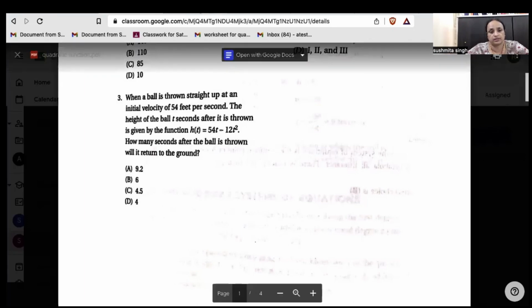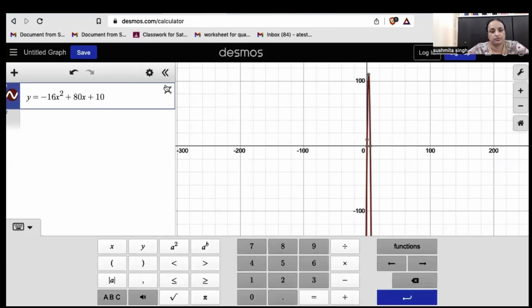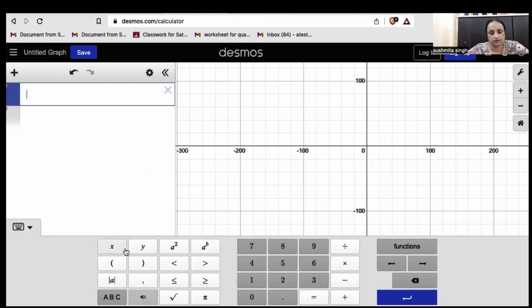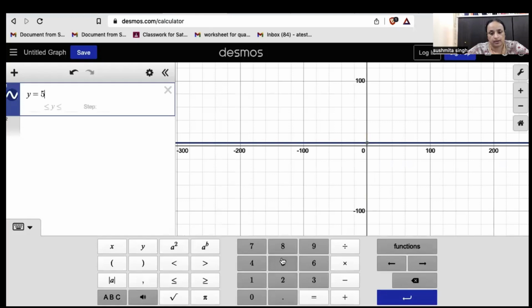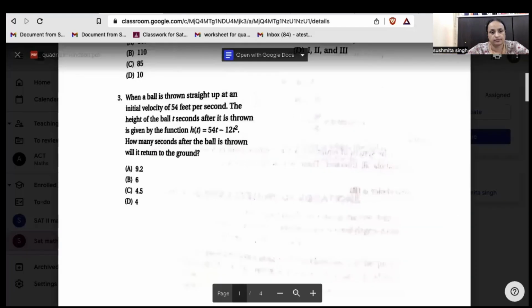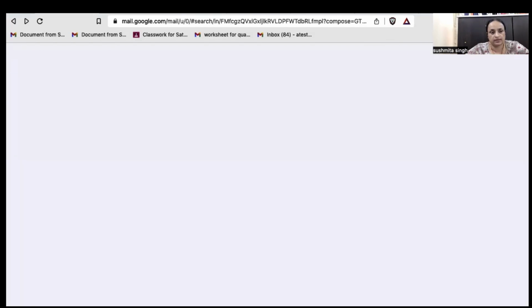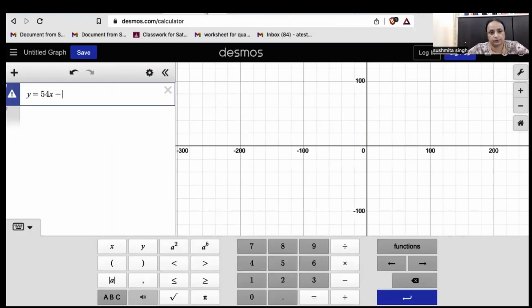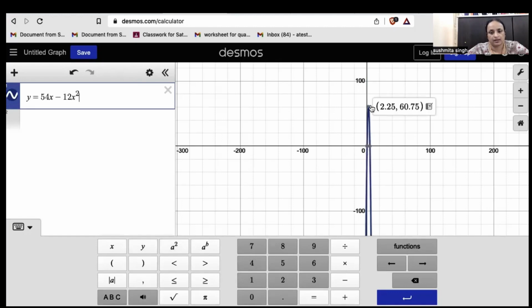So we'll plot this again in Desmos. y equals 54x minus 12x².